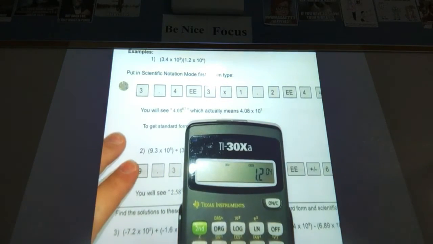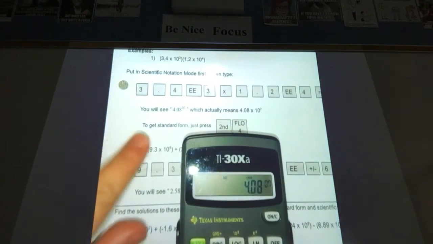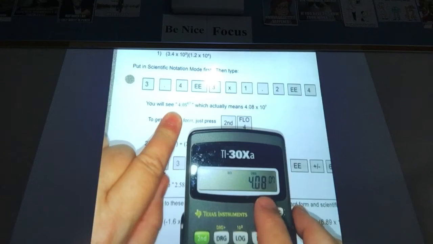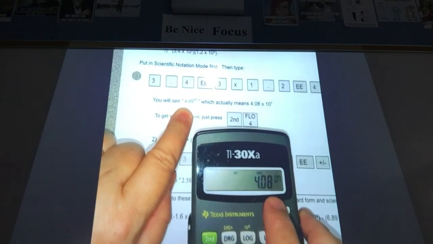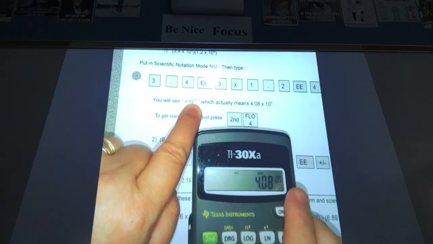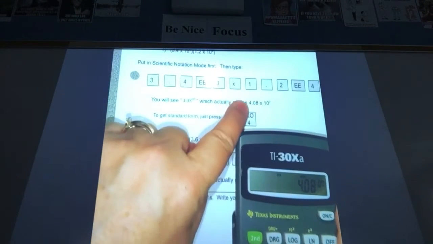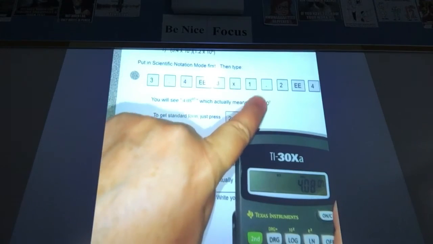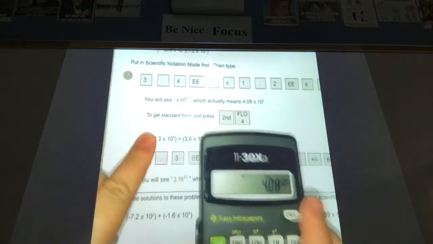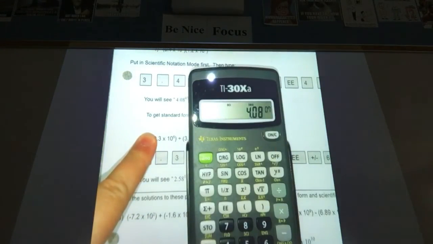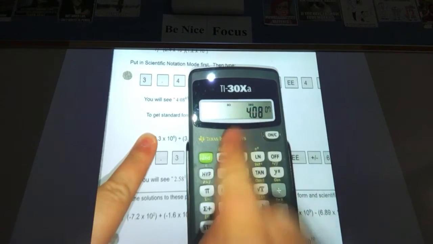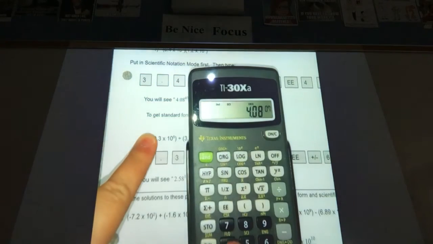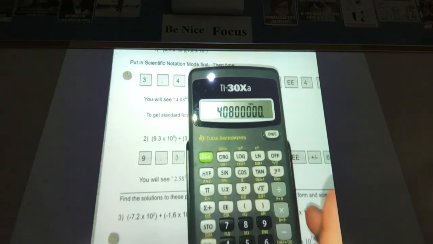When we hit the equal sign, it multiplied that. It gives you this display, 4.08, and then an exponent of 07. But what does that mean? That really means 4.08 times 10 to the 7th. Now, if you have to know the standard form answer, keeping right there, you hit second FLOAT form, and voila, there's your standard form.